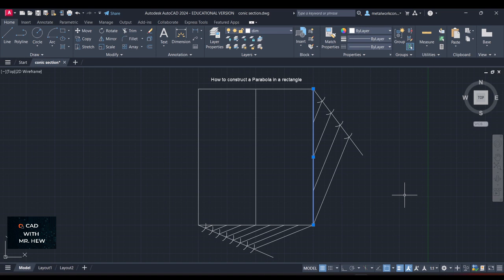If you were using your t-square and set squares, a 30 degree set square and a 45 degree set square, what you would do is align one set square to this line, and then you put the other set square to slide the first one that you use to align this line to the first set square, and then you would slide it parallel from this point to this to get this line, and this line, right?